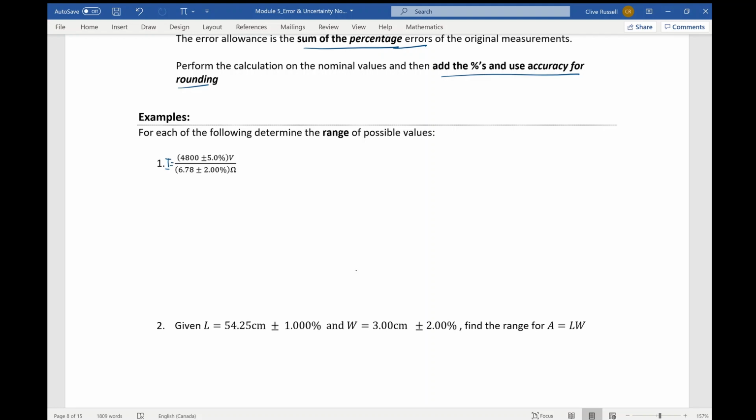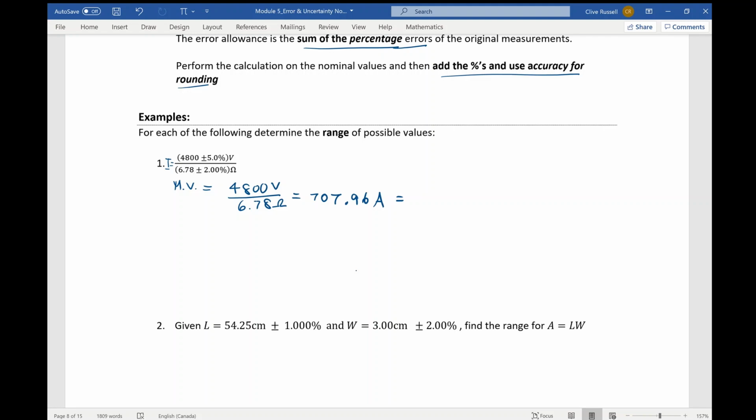So first of all, our measured value is going to be the 4800 volts, and we're dividing by 6.78 ohms. Once we do that, we're going to be getting 707.96 amps. But we can't leave our answer like this. Why not?